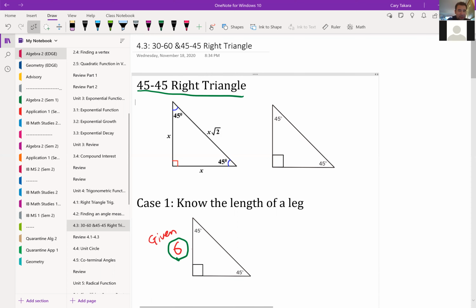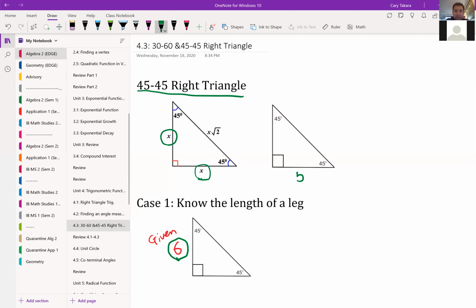Now the ratio is, first it is using x, but x and x, meaning that they are identical. For example, if this is a 5, then what do you think this side is going to be? It is going to be 5 as well. They are the same length.